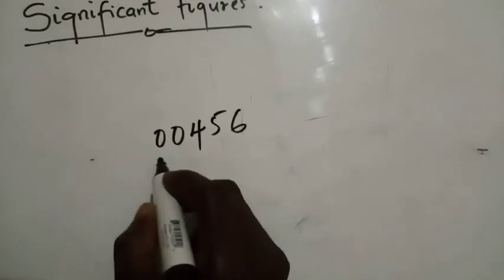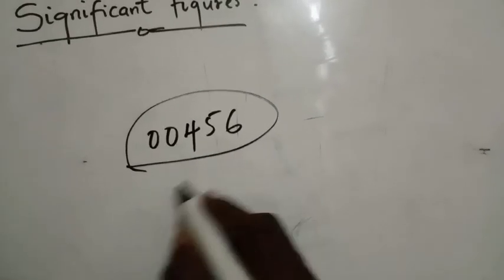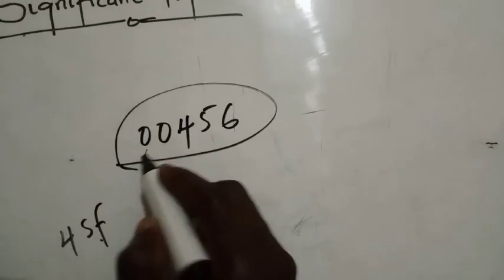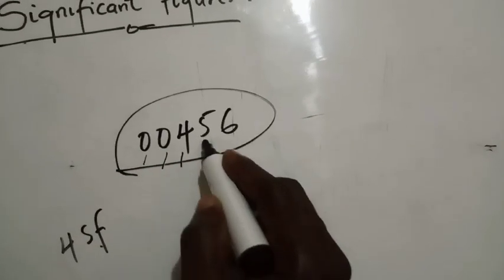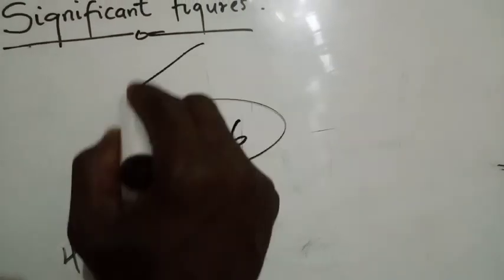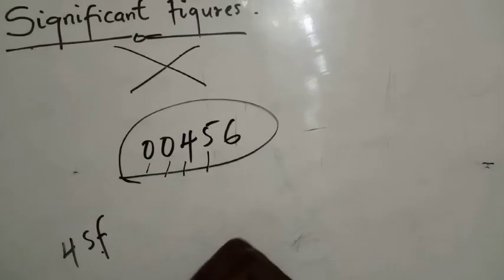Now, assuming I have this number and I want to round it to, let's say, 4 significant figures, 4 SF. So this is 1, 2, 3, and then the fourth one. It's absolutely wrong if you count it like that. Are you getting my point?